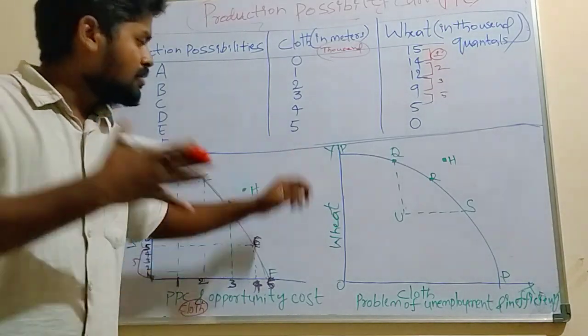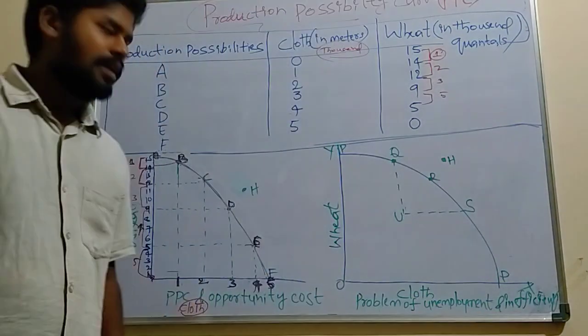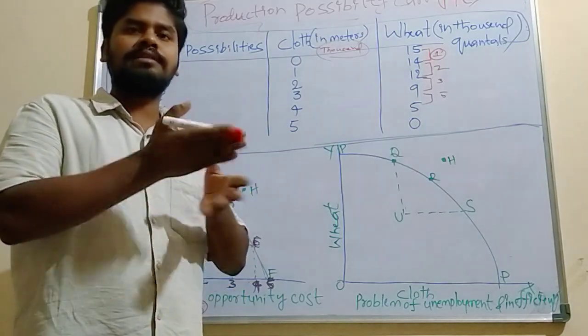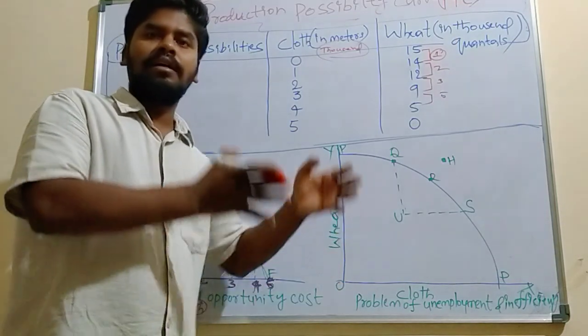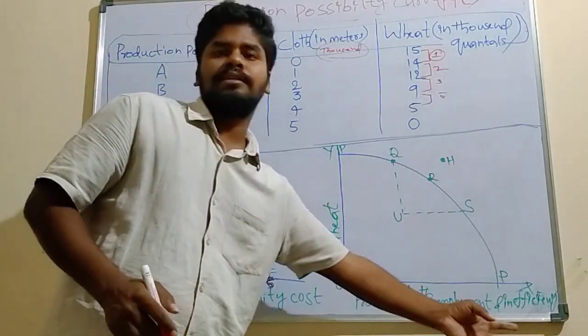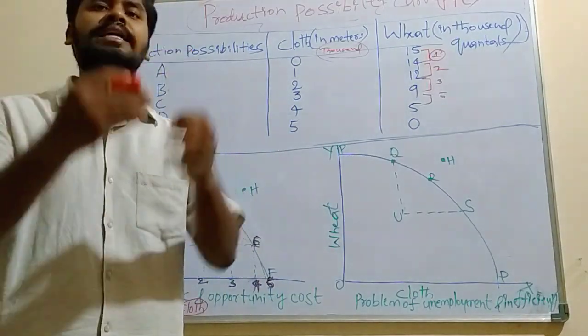Right? So, considering the problem of unemployment and efficiency, if the labor is inefficient, if the labor is low quality or low skilled, there will be inefficiency. Whatever resources are in the country, they cannot be used in an optimum manner.